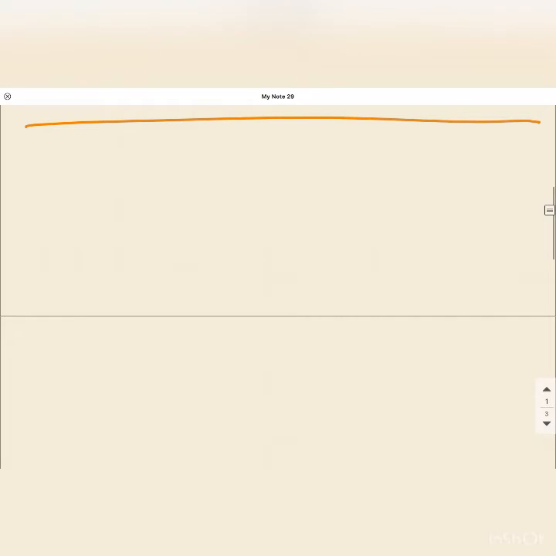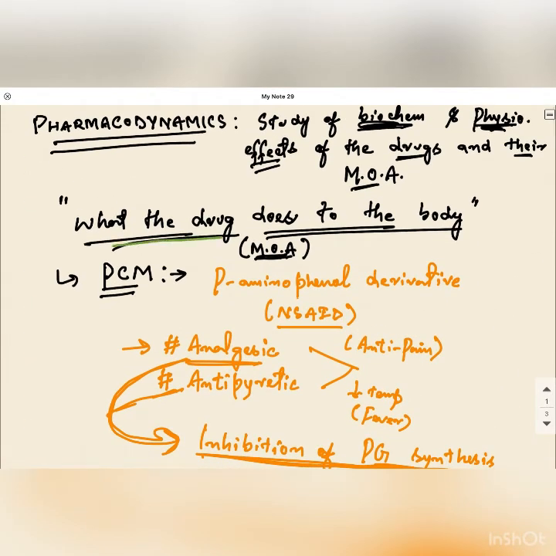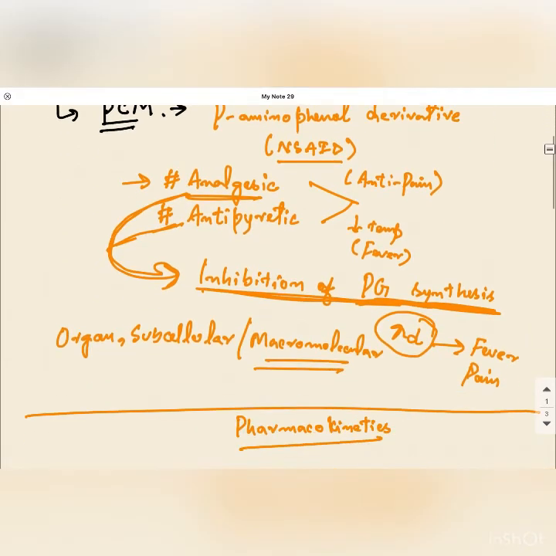Now we will start pharmacokinetics. What basically pharmacokinetics is. As we saw here in the definition, what the drug does to the body, so this is quite opposite.